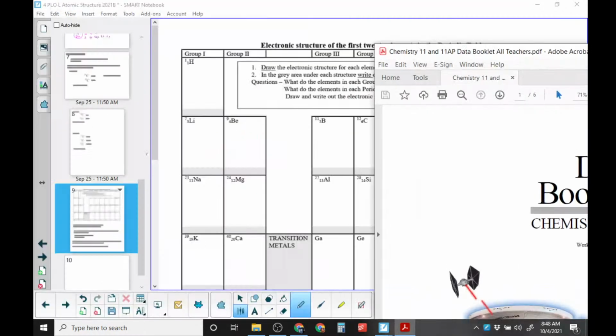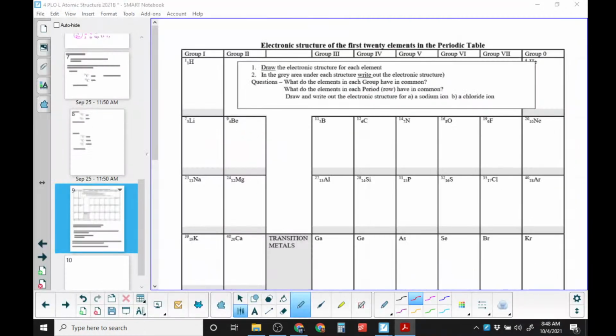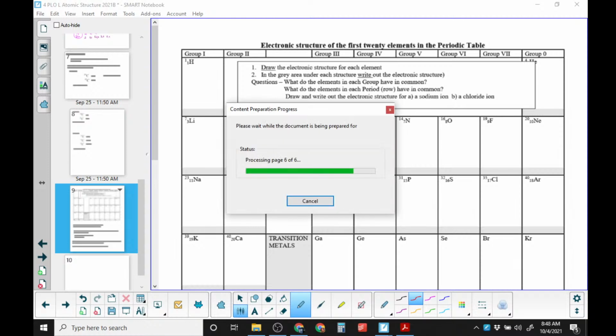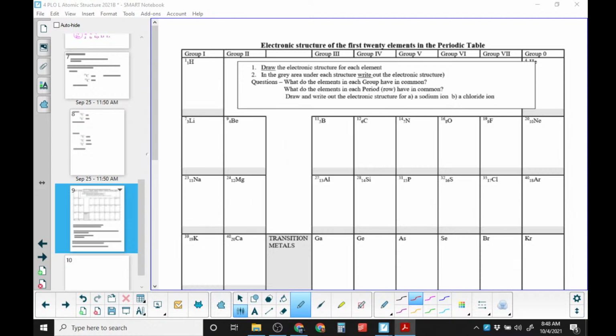There we go. Do I have keys? Where are my keys? There they are. I will be right back. Let's see if I can get your data booklet.